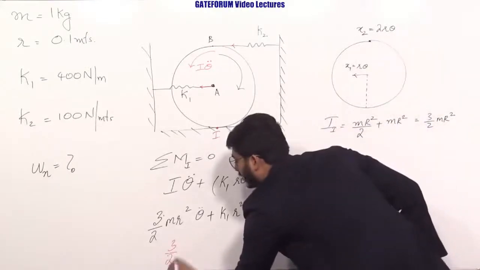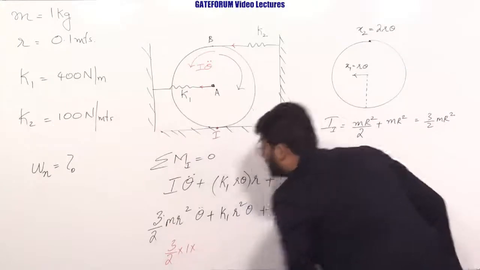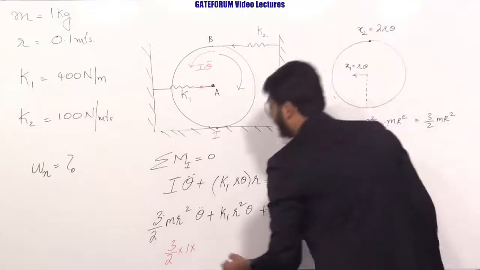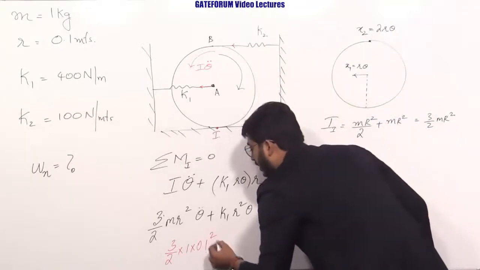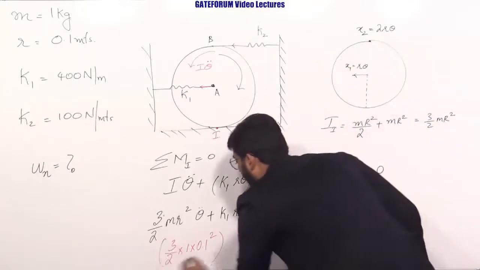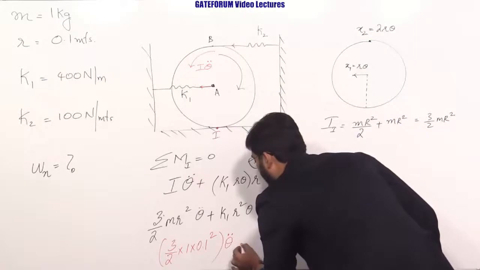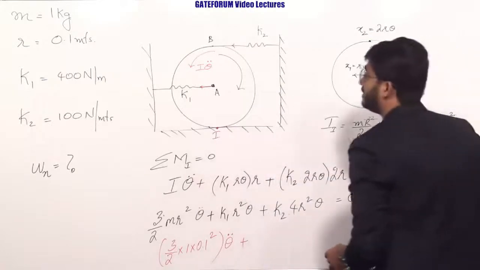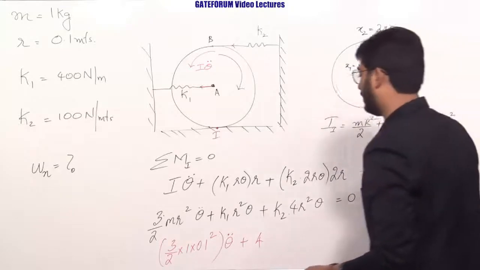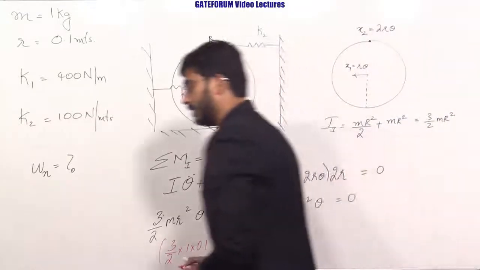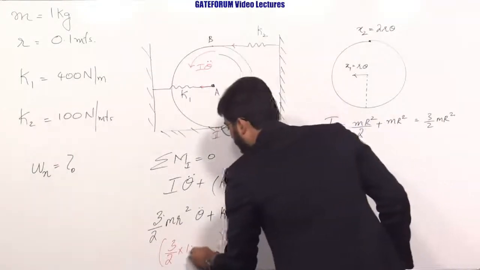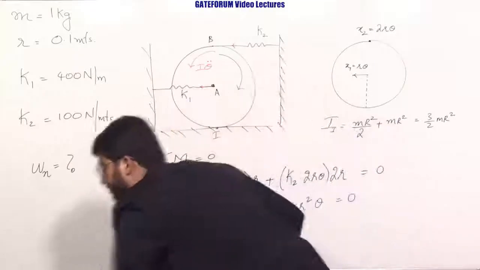Now substituting all these values: 3 by 2 times m, where m is 1 kg, and the radius is given as 0.1 meters, so 0.1 square into theta double dot, plus k is given as 400. R square will be cancelled here, so instead of writing this term, it is 3 by 2 into 1.